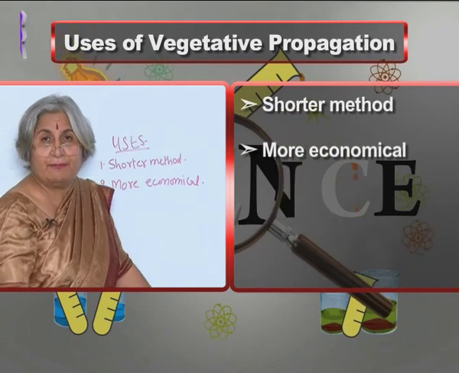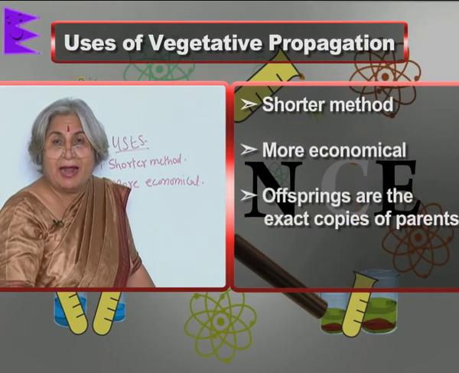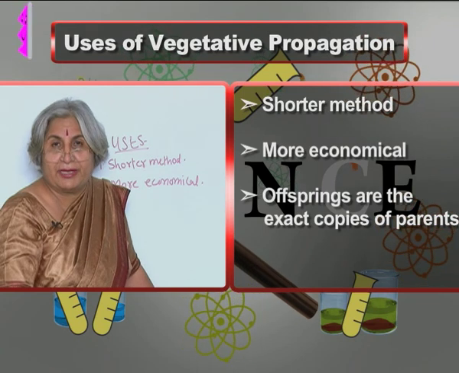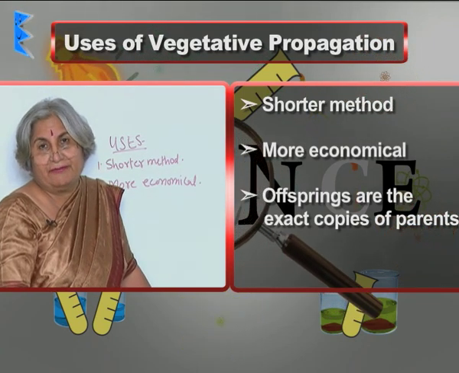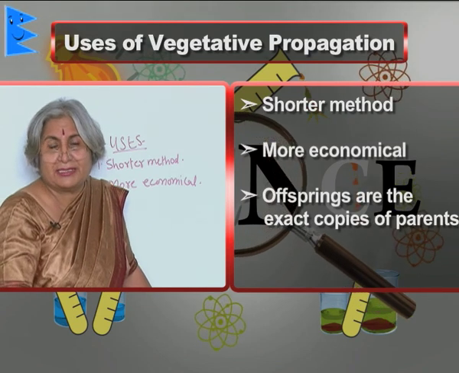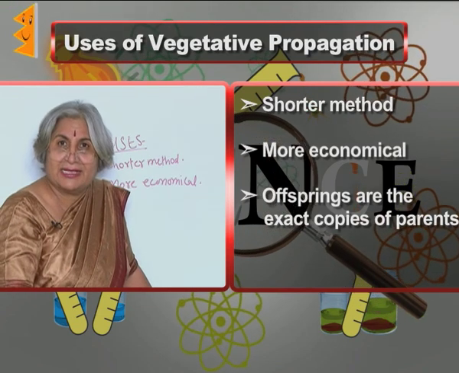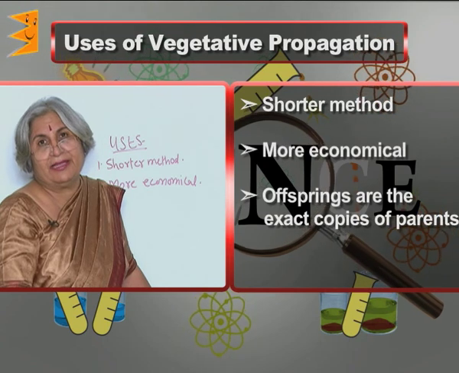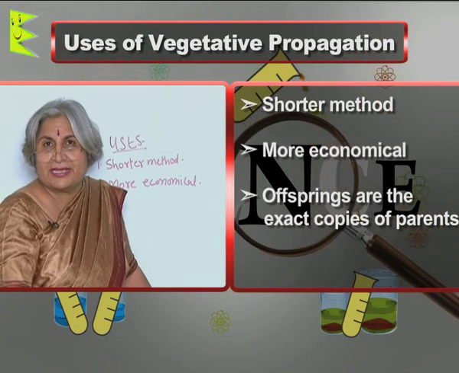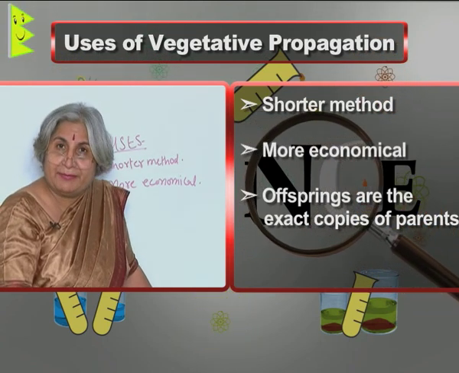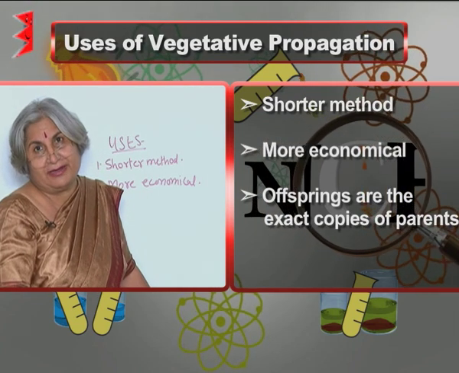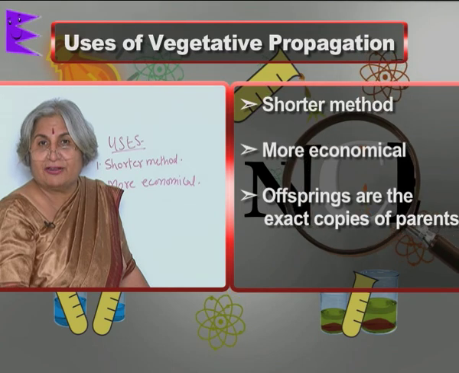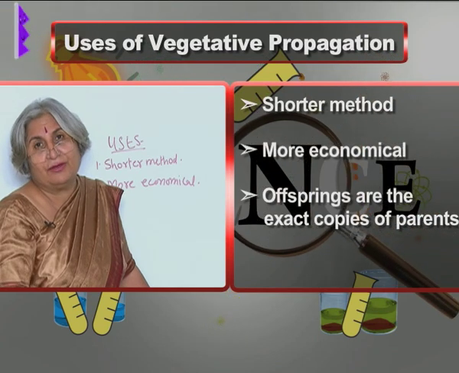Third, and a very important thing is that the plant produced by vegetative propagation is an exact copy of the parent. When sexual reproduction takes place, you will study in the higher classes, some changes appear in the offspring. Like you must have seen, although you people resemble your parents, you are not an exact copy of your parents. Some features are like that of the mother, while some are that of the father.